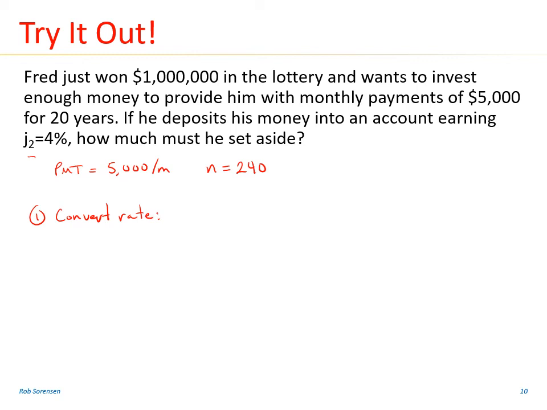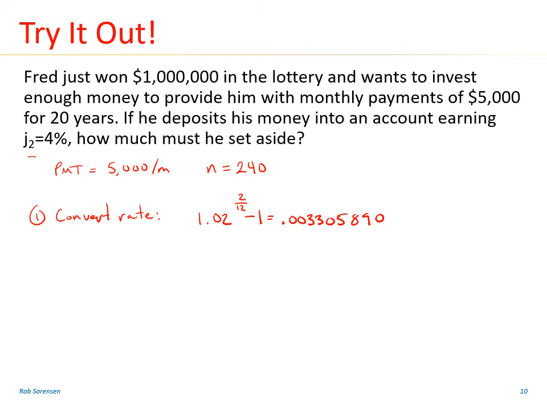Let's see. I've got 1.02 going from semi-annual to monthly. Take away 1. That's 0.003305890.